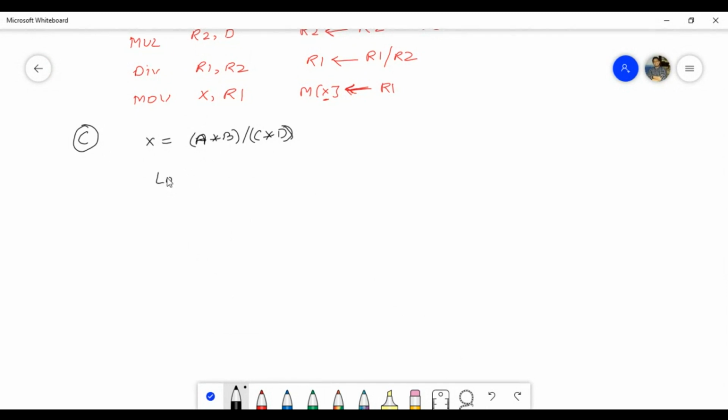So let us use load A. Load A means accumulator. We'll use only one accumulator here.